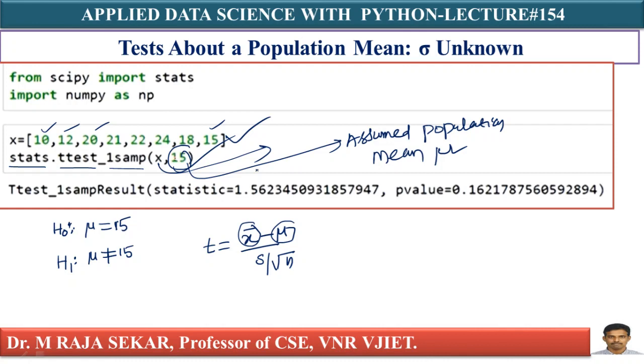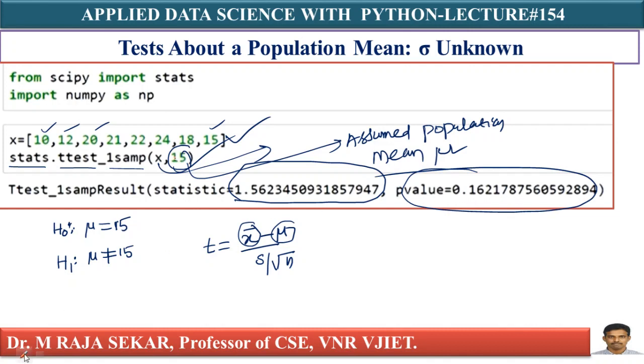What is my t value here? The t value is 1.562345, roughly 1.56. This is the t value. This is the p value, 0.1621, isn't it?